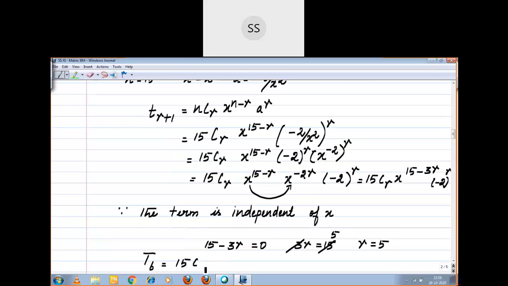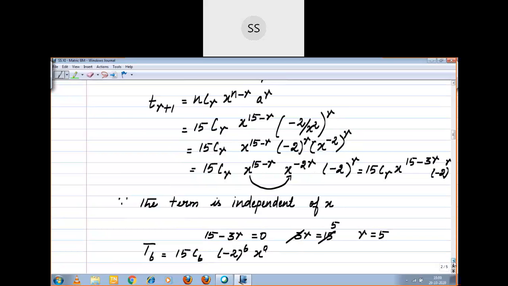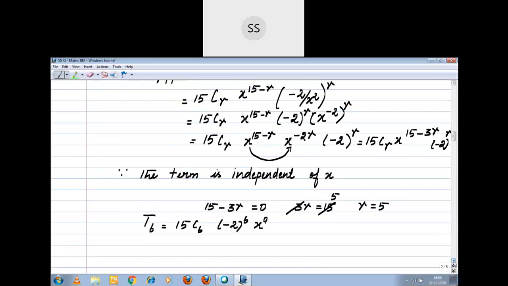Now T6 equal to 15C6, minus 2 power 6 into x power 0.